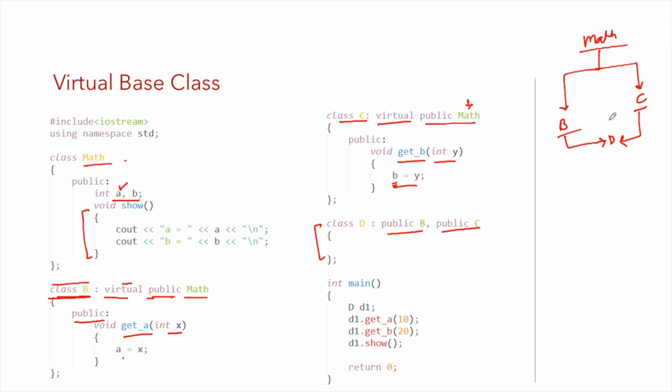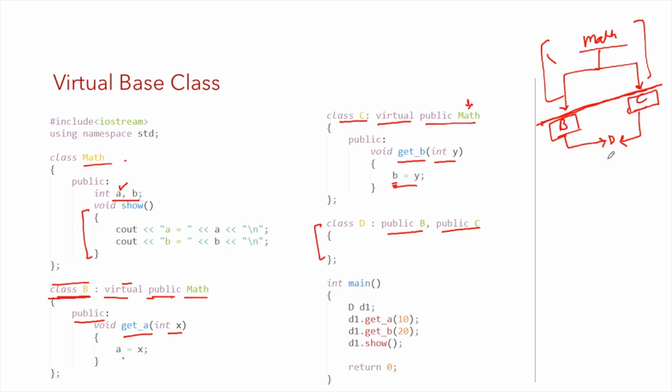Because the variables are coming via these two paths, in the previous case it would have given an ambiguity to the compiler. But because we have made B and C virtual classes, you can completely ignore this part just for the time's sake. You can just assume that these are two different classes over here. So to the compiler it becomes a virtual class, and it is just going to assume a single copy of the common variables.